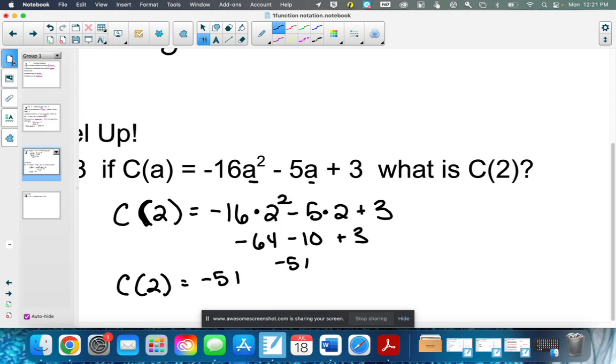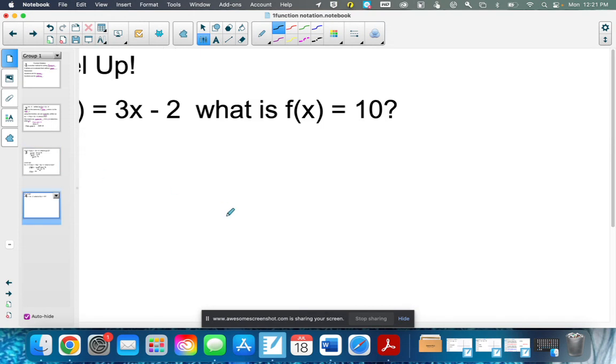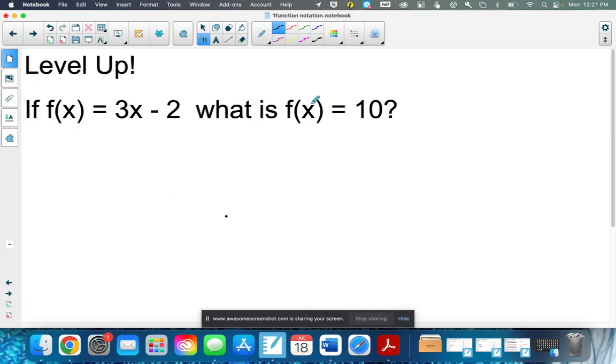Okay, one more left. We have to be able to talk about going in the other direction. Normally, we have f of x equals 3x minus 2, and I say, what is f of 3? You would substitute 3 for x, and tell me what the output y is. Now I'm going backwards.